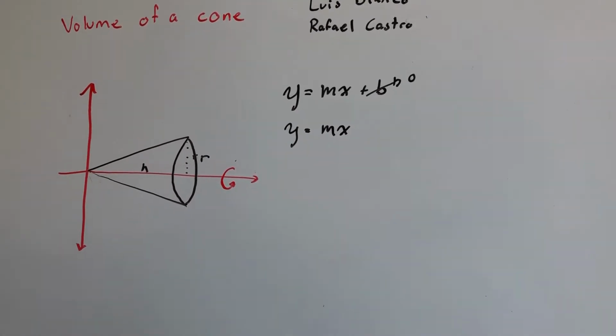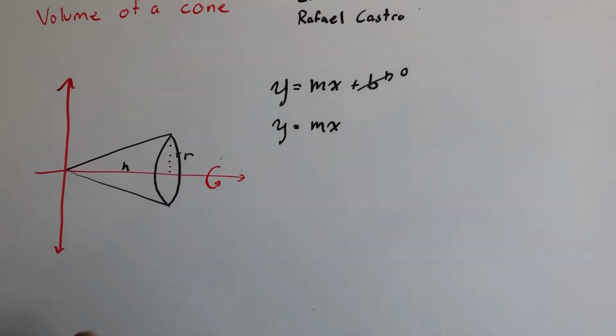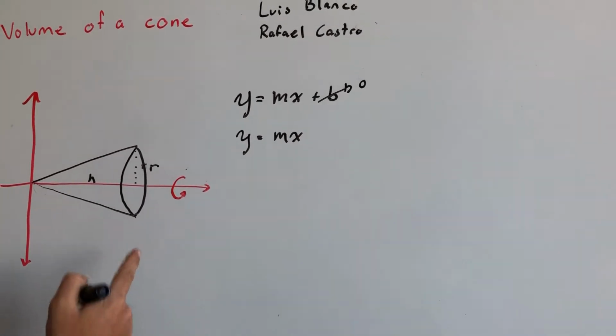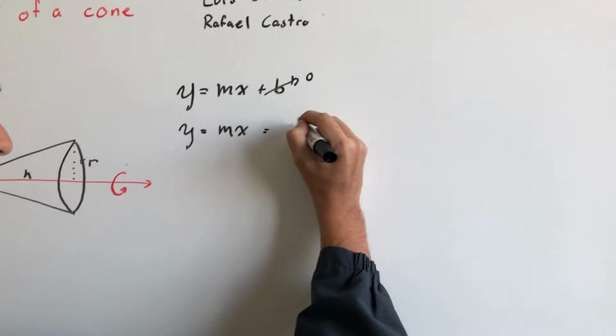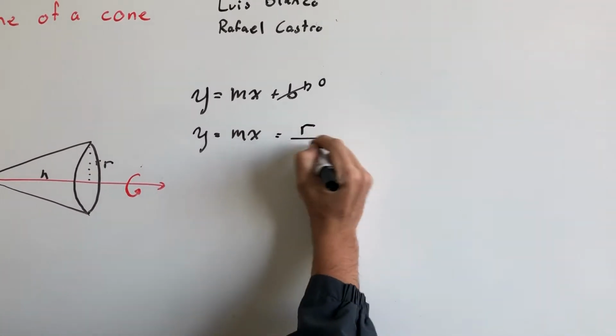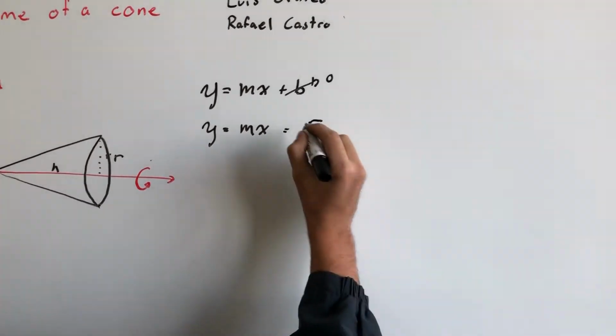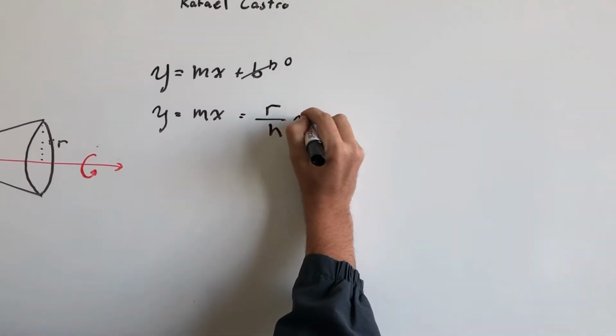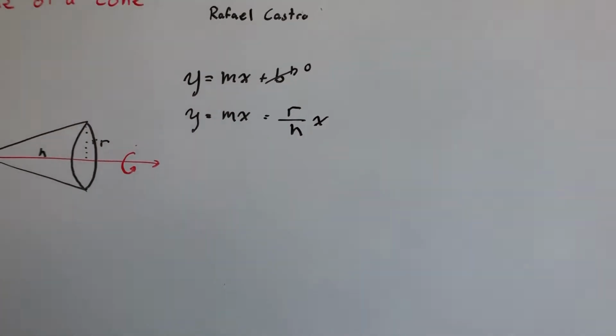Now, the slope of a function is given by the rise over the run. So it rises r units, and it runs throughout the x-axis h units. So this is our m, and we multiply it times x. That's the equation of the line.